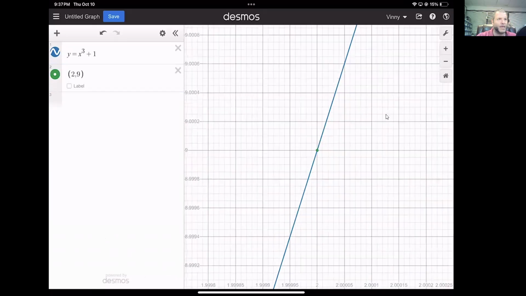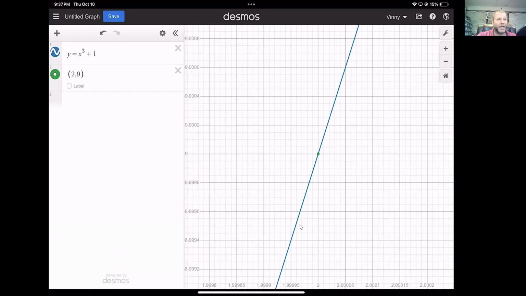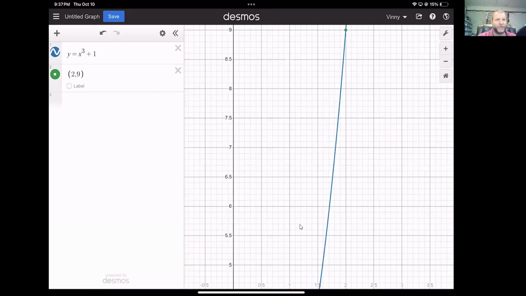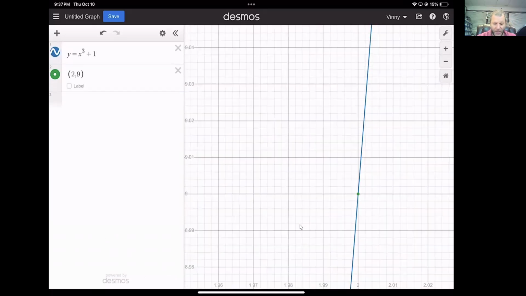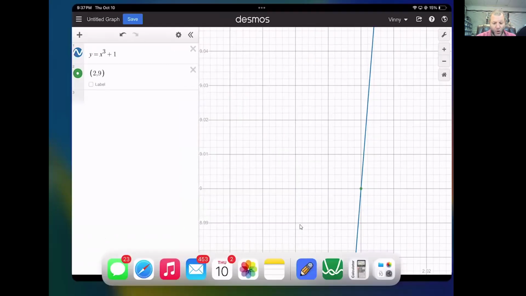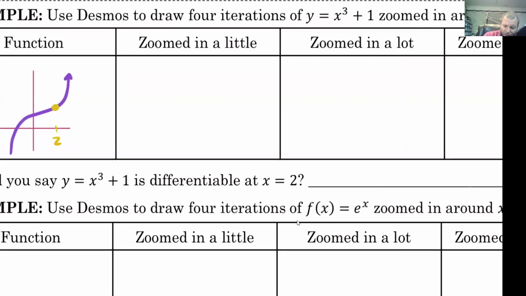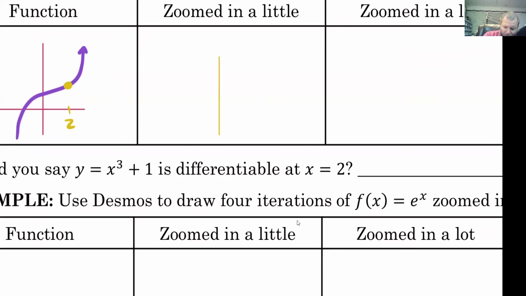notice that I can zoom in and it looks like I have a line. This is local linearity. We can zoom in enough that we lose any curvature that the function had, and instead it starts looking like just a line. So this function has that local linearity. It would maybe look something like this as we zoom in around it.